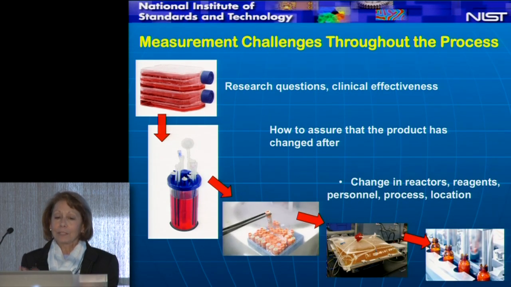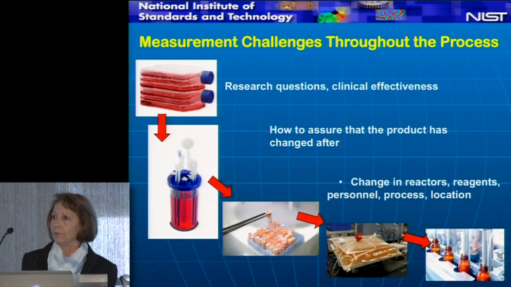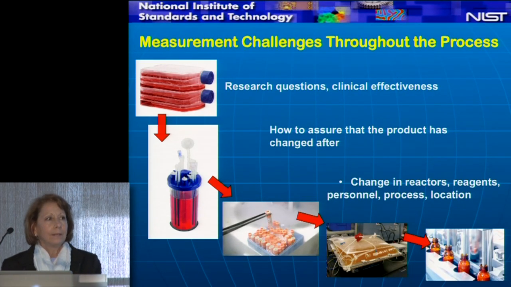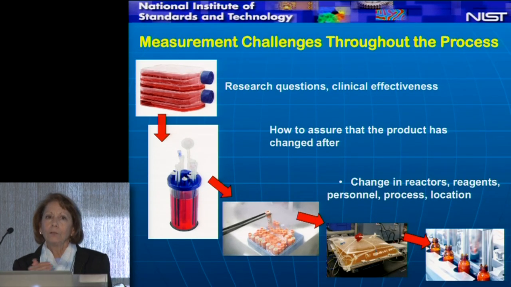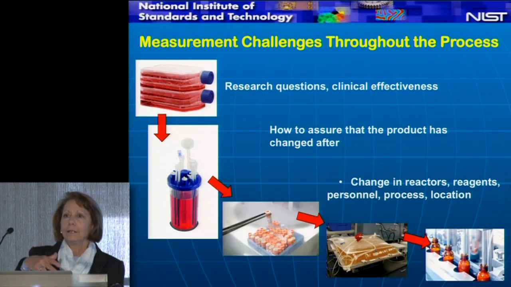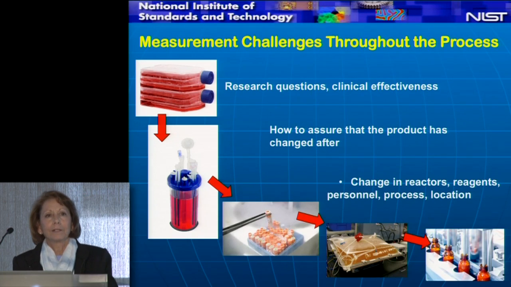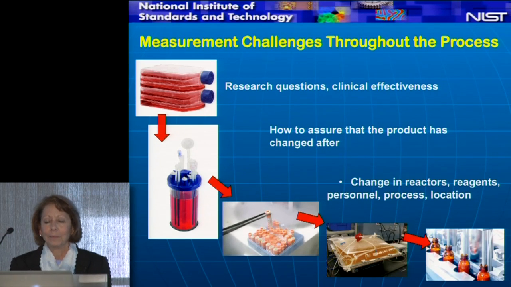It gets complicated, because through the process of developing a product, you have to scale up, you have to store, you have to be able to retrieve cells that have been stored, you have to create new manufacturing processes, and somehow, all along the way, you have to be able to compare the data that you had back at the research stage to the data that you can collect on your product as it goes through this scale up, scale out, expansion, storage, and bottling process.